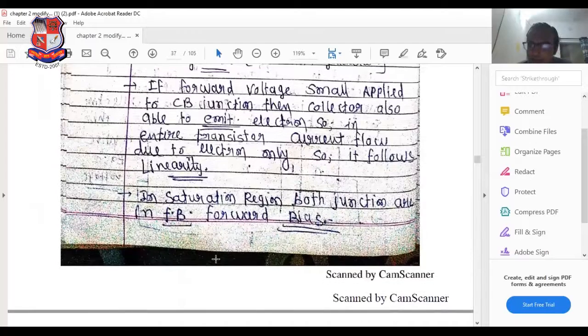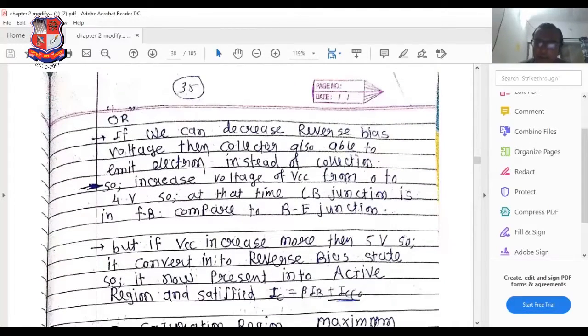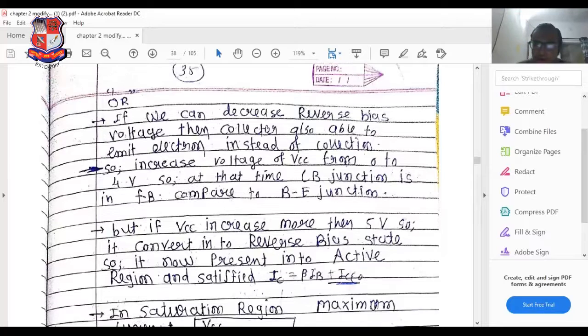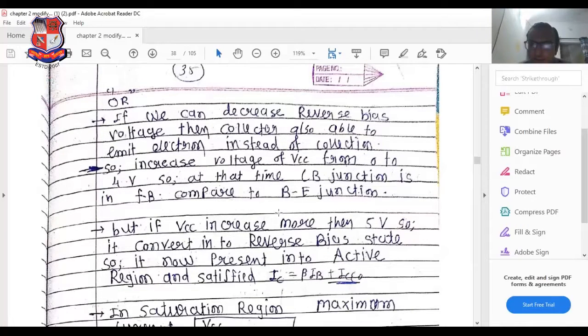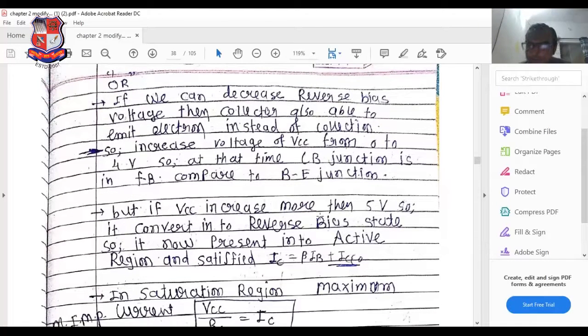In the saturation region, both junctions are in forward bias. If we decrease the reverse bias voltage, collector to base, I have explained already on the whiteboard with the help of 5 volt and 4 volt. The more forward biased BE junction, if we increase more than 5 volt, then it converts into reverse bias. Means what?